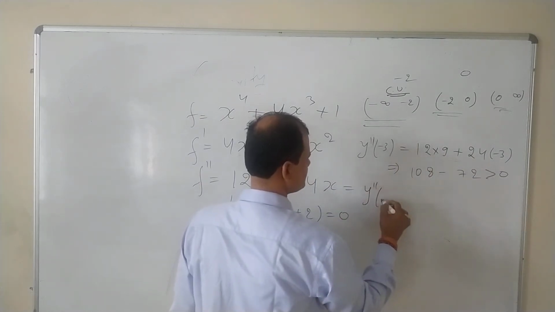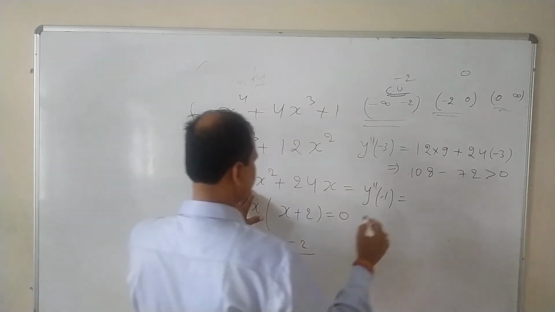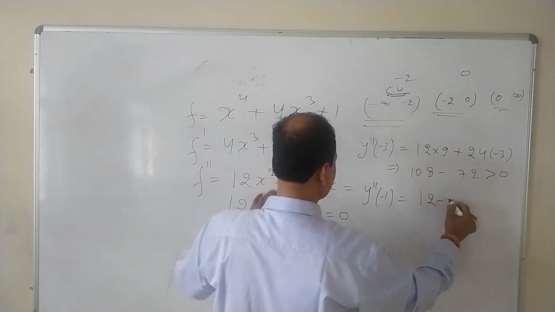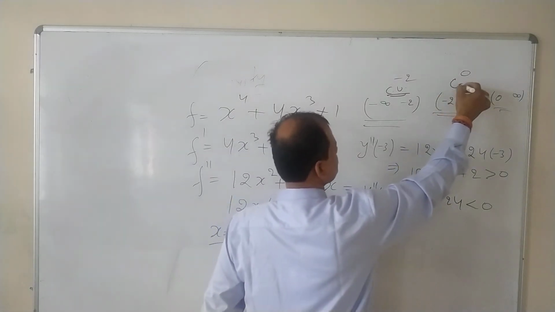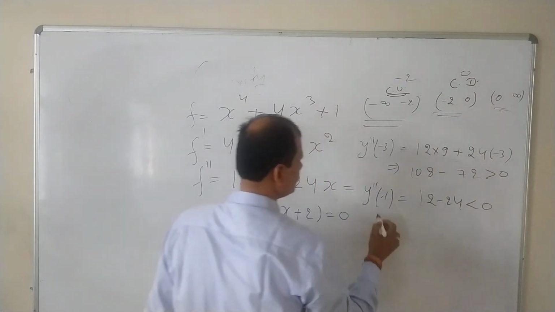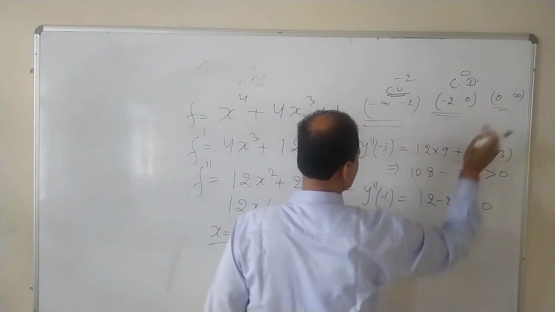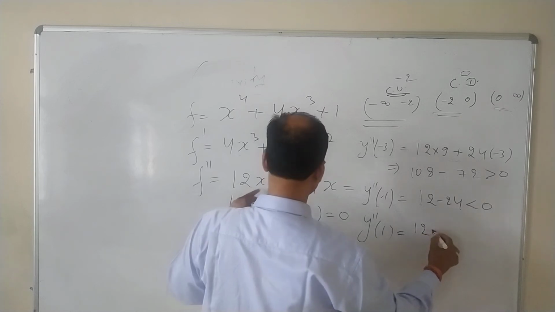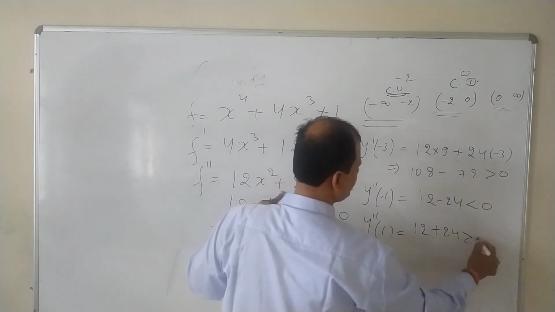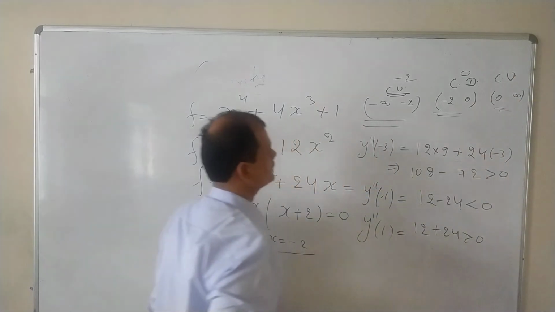Now here we will take minus 1. So y double dash, I am taking minus 1 here for the second subinterval. So I get 12 minus 24. I am getting negative. Concave down, right? Now I will take y double dash at 1 for the third subinterval. So I will get 12 plus 24, positive. So concave up, right?